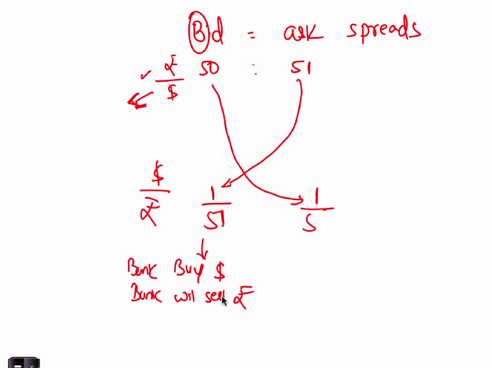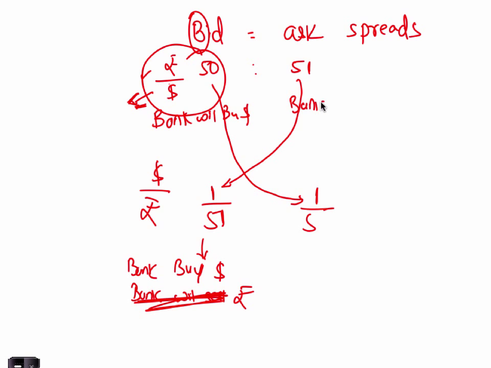This is the rate at which the bank will sell rupee, but the mechanism is essentially the same, which means this is the rate at which the bank will buy dollars, and this is the rate at which the bank will sell dollars. So in this case, the bank will buy rupees, and in this rate the bank will sell rupees. Are we good to go ahead?